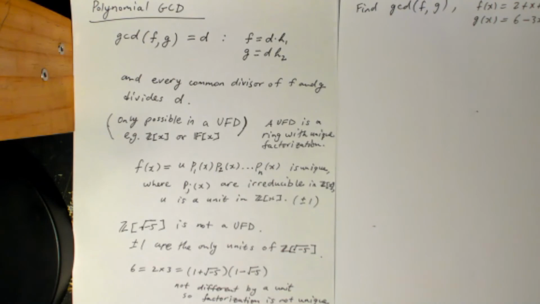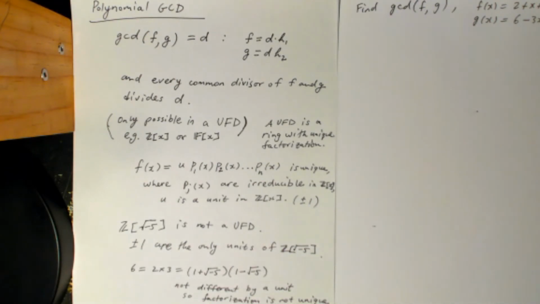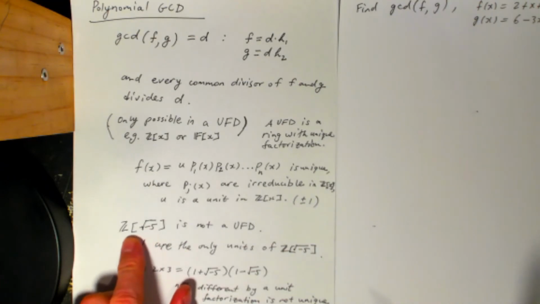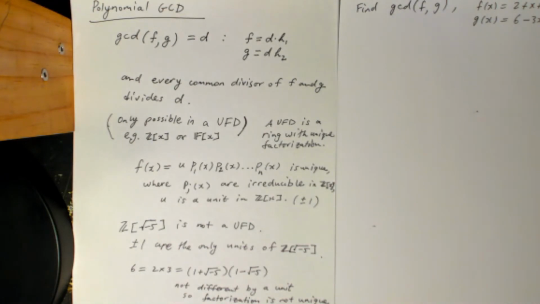Now, an example of a not unique factorization domain, which is a ring, is the integers adjoin the square root of minus 5. Previously we talked about the ring integers adjoin the square root of positive 5. Okay, these are not the same rings.